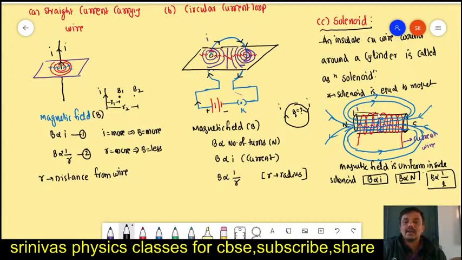L is the length of the solenoid, I is the current. Field lines are imaginary. If the number of turns is more, and if the solenoid is filled with soft iron, then the field increases. It also depends upon the medium.